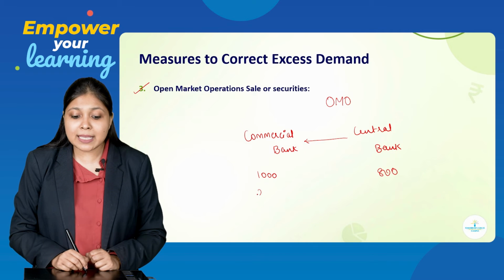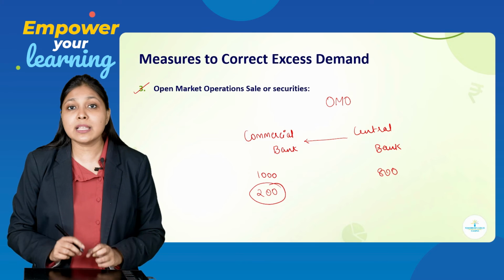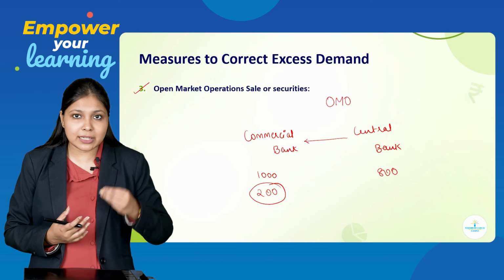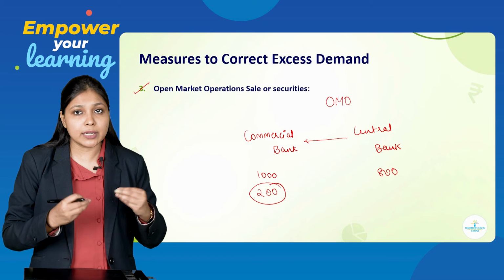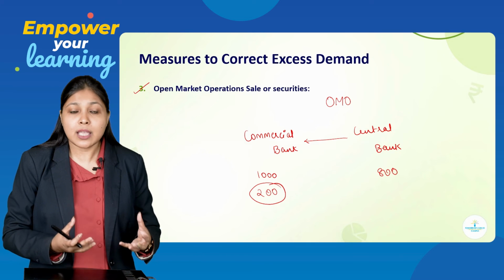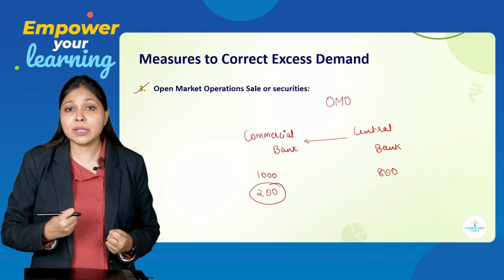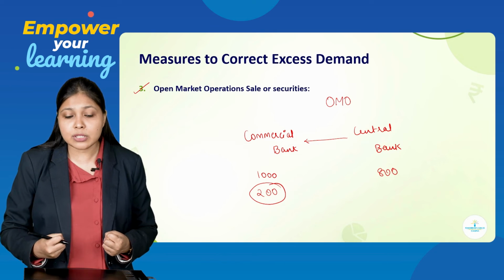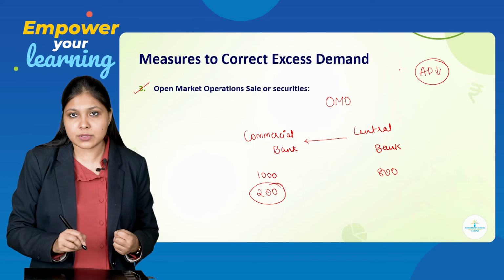Now the commercial bank is left with only 200 rupees. So with this 200 rupees, the lending capacity of the commercial bank reduces. So in this case, the commercial bank will reduce its lendings to the borrowers. That will reduce the money supply in the economy, which will ultimately lead to a reduction in consumption, and finally the AD of the economy will reduce.